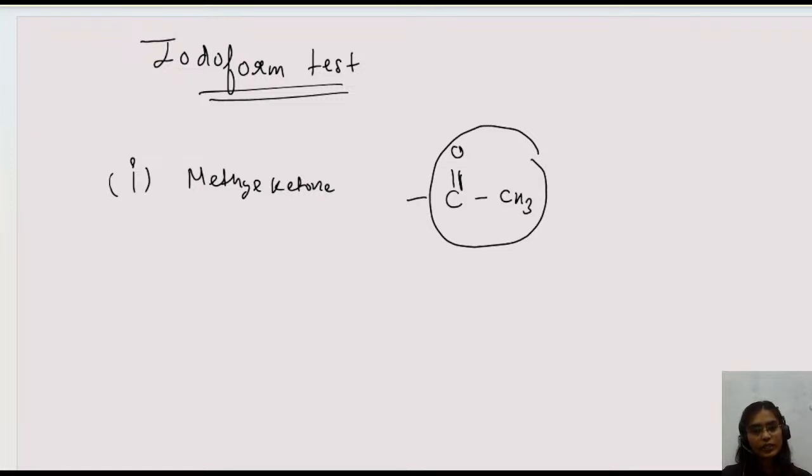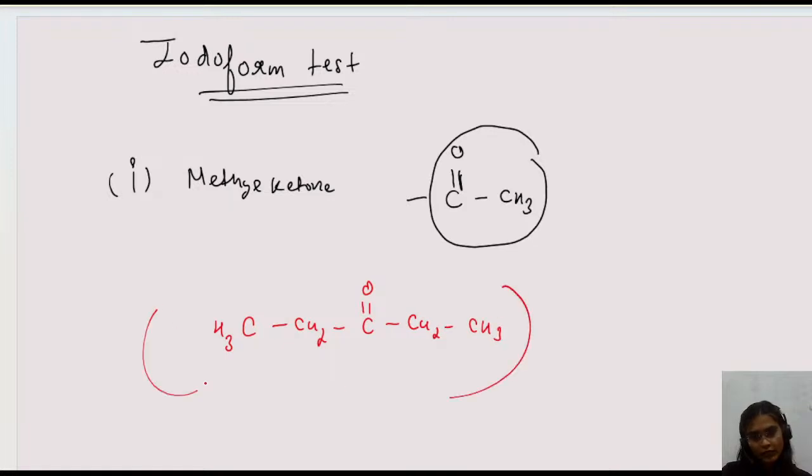For example, if I have CH3CH2COCH2CH3, does it give the iodoform test positive? The answer is no. Methyl ketone doesn't mean this. Be noted that with the CO, the CH3 group has to be there. This is the important point.